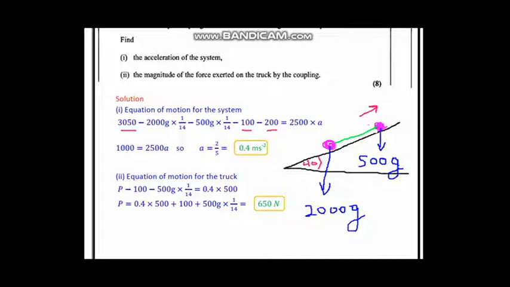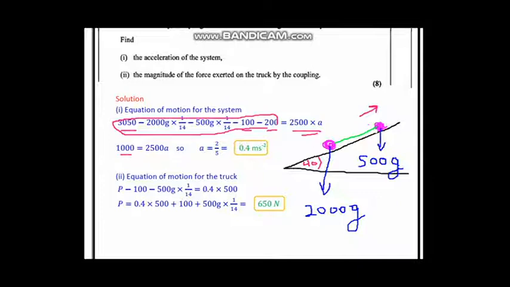The total equals, as you know, MA, where M is 2000 plus 500, which will be 2500. This is the total mass of the system multiplied by a, the acceleration. Then using the calculator, the left side will be 1000, then divided by 2500 to get the acceleration. So the acceleration will be 0.4 meter per second squared.